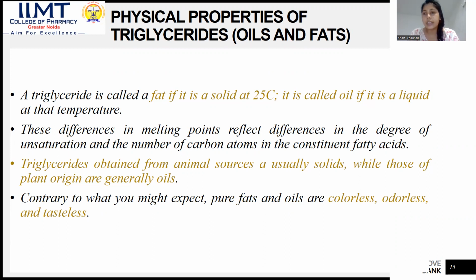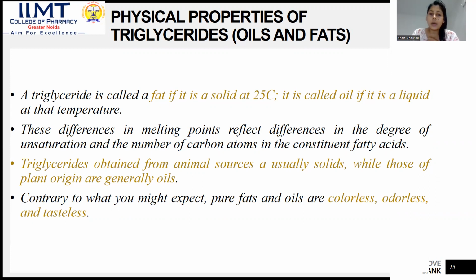Okay, when a triglyceride is solid at room temperature, it is called fat. When it is a liquid at room temperature, then it is called oil. So this difference in melting point reflects the difference in the degree of unsaturation also. Unsaturation is the number of carbon atoms and constituent of fatty acid.